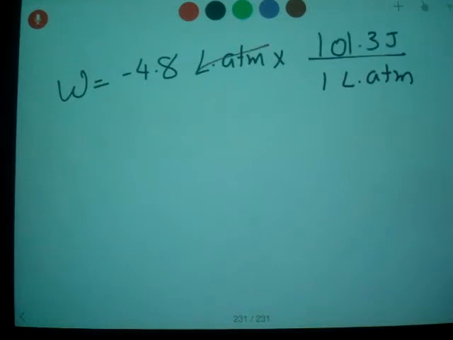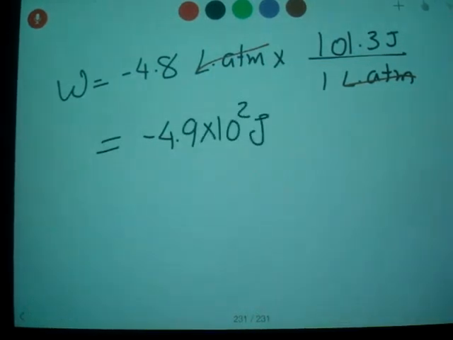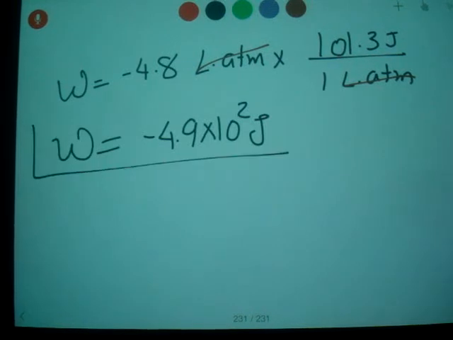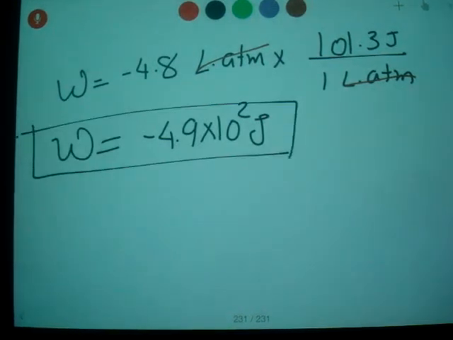In that case, liter atmosphere cancels, and you get work done is negative 4.9 times 10 raised to 2 joules. That's due to gas expansion.